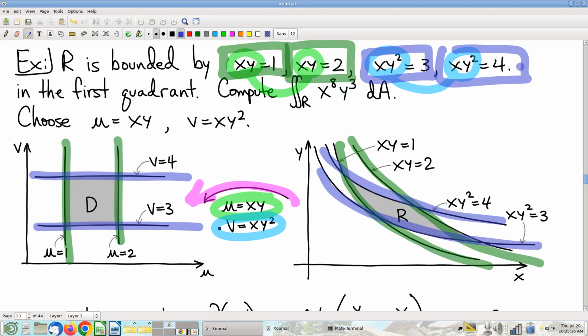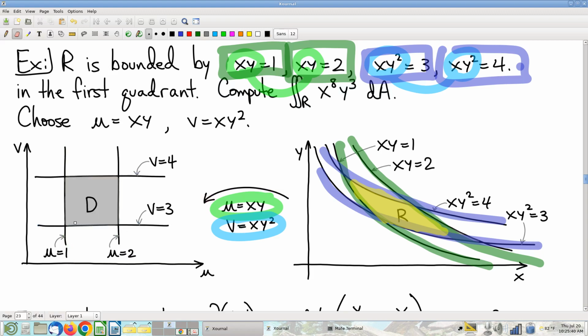So, pretty cool. Our weirdo domain turns into a rectangle. Everybody on board? It's a neat trick. I wish I thought of it. You don't need to have thought of it. You need to remember it.